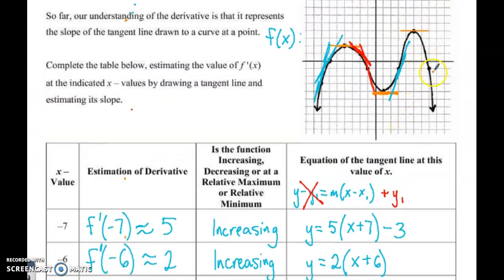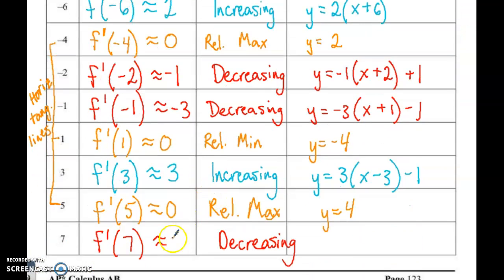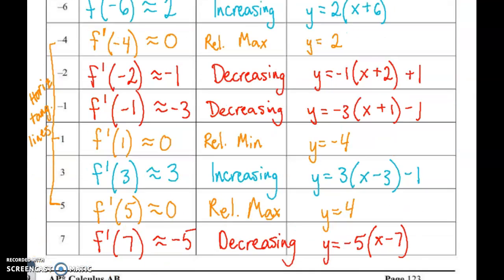And this one looks a lot steeper than previous ones. So I don't know if I should make it like -5, but the important thing is that it's definitely going down. So it's a negative slope. You can probably hear what the next note is going to say. And the y-coordinate there, for the sake of continuity, is -1.